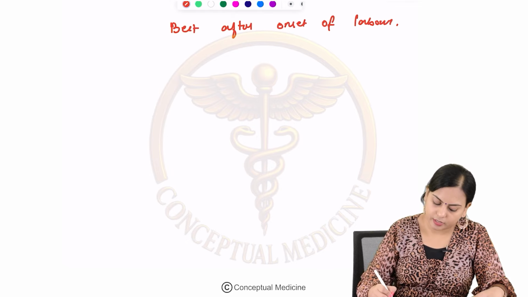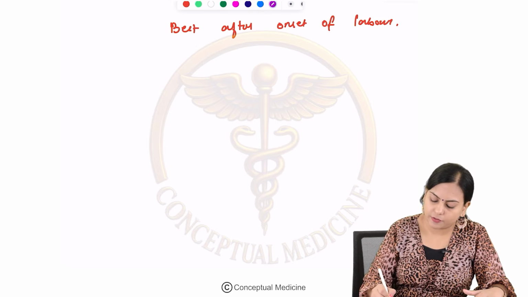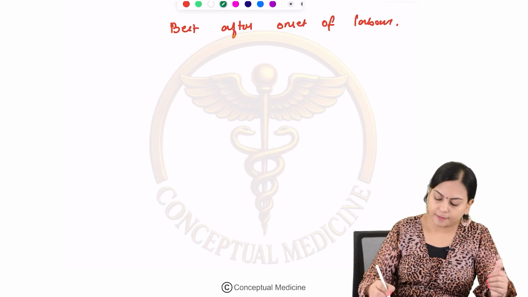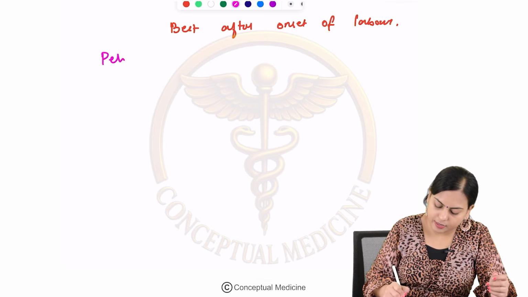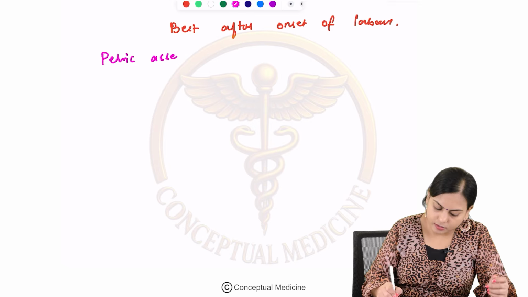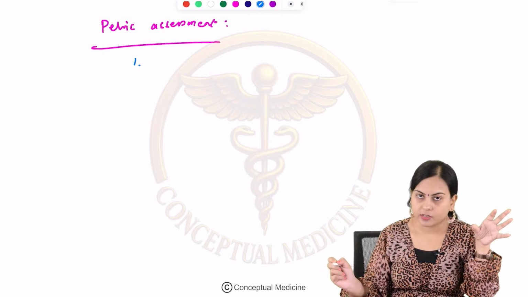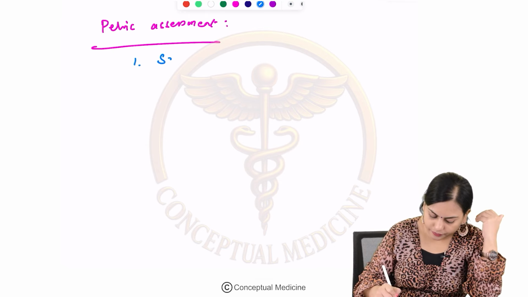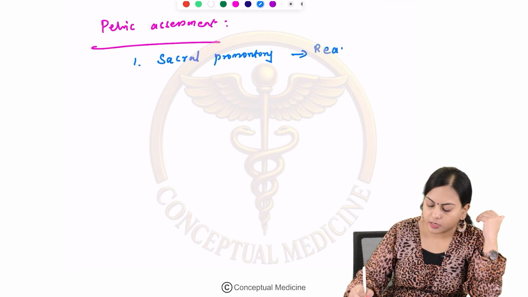Clear? Now, we will see pelvic assessment. How are we going to assess the pelvis, and what features will we get? While doing pelvic assessment, you have to check the following features. First, check the sacral promontory, whether it is reached or not.